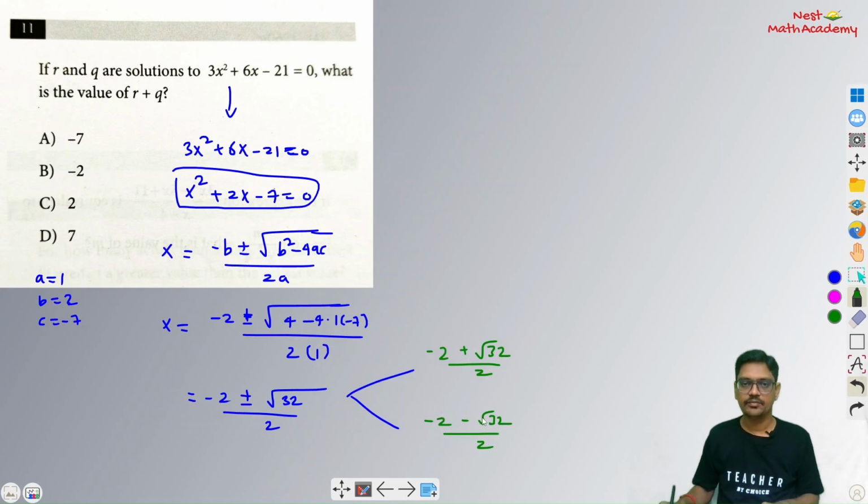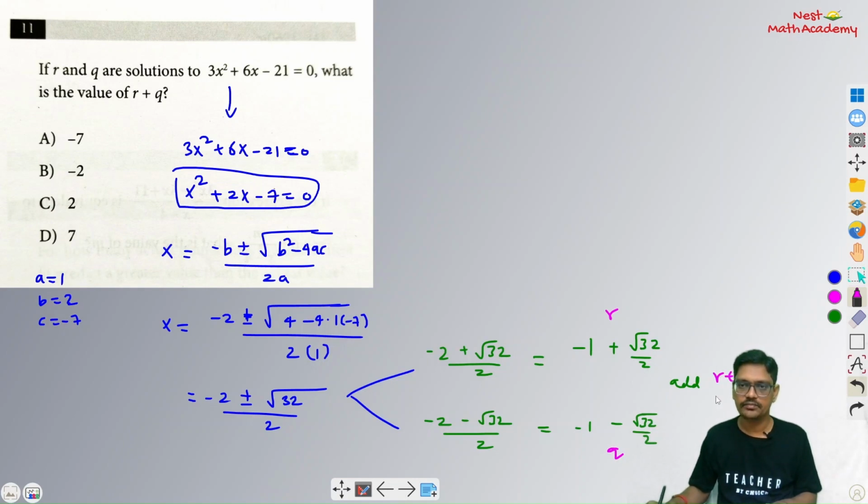When you add them, if we separate it, break it in the middle, minus 2 by 2 is minus 1 plus root 32 by 2, and the second one is minus 2 by 2, minus 1 minus root 32 by 2. Let's say one of them is R and one of them is Q. That's what they're saying, these are the two solutions. So they want to add R plus Q.